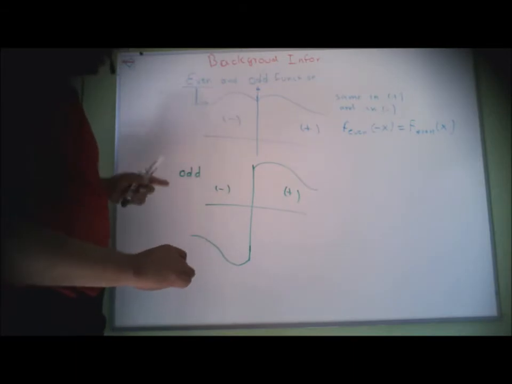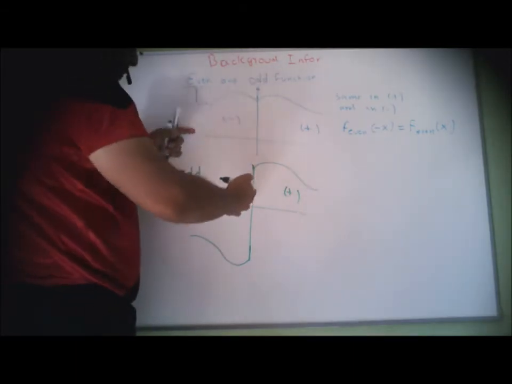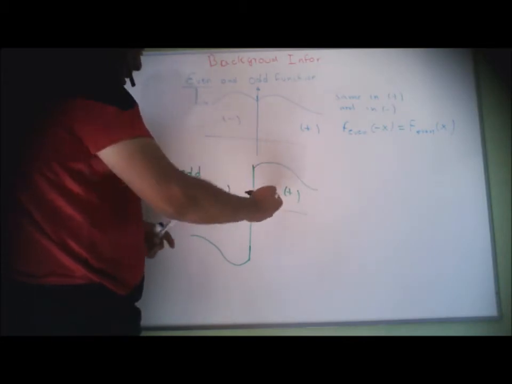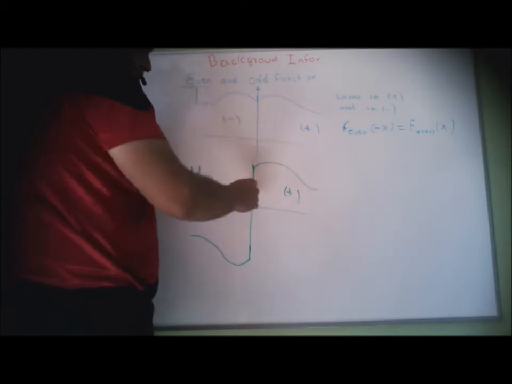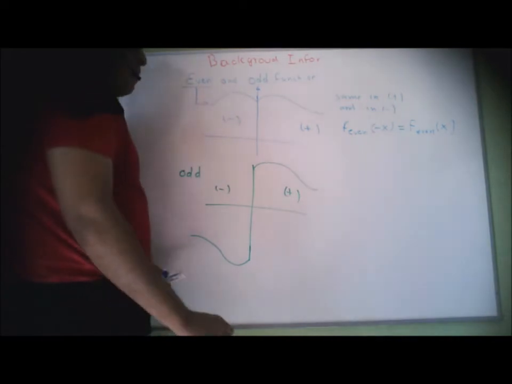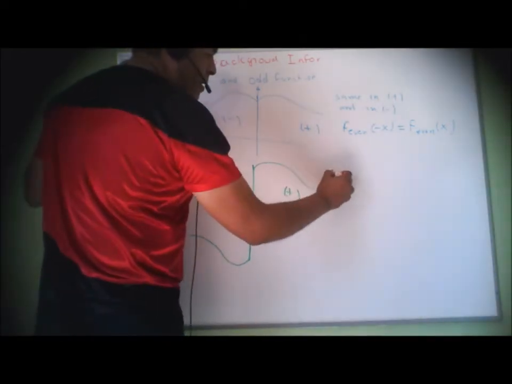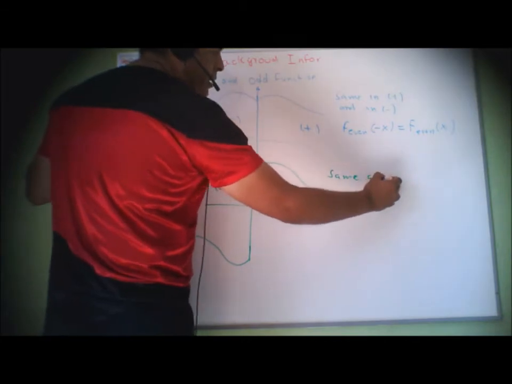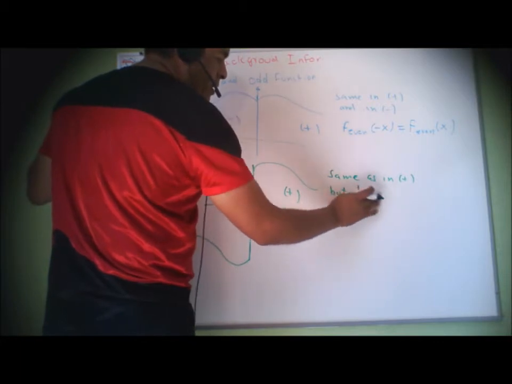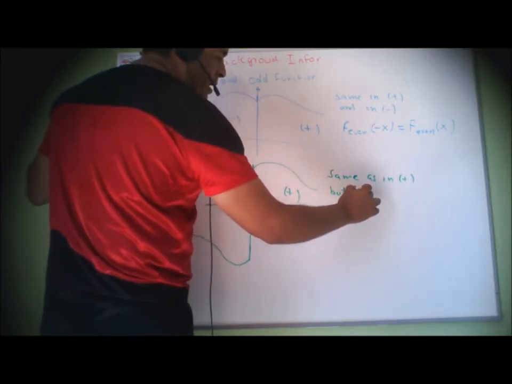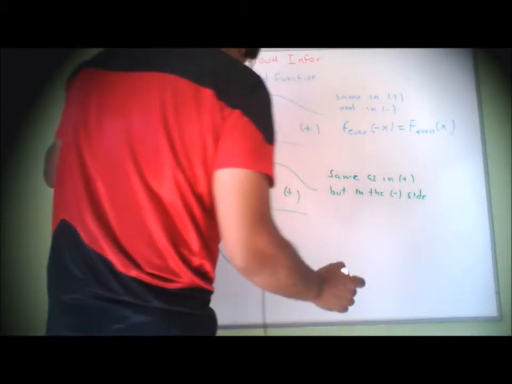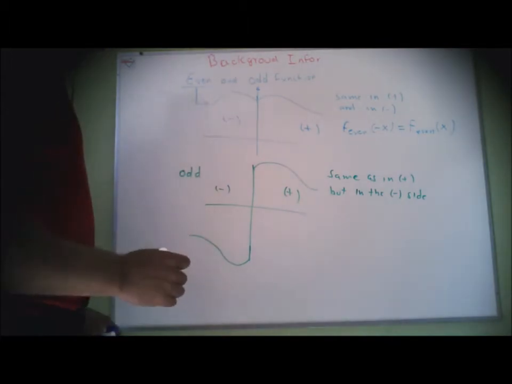As you can see, the even function is exactly the same on both sides, but for the odd function, the negative part behaves the same as the positive, but below. So that is the odd function. Maybe that is not a good definition, but this is the concept.